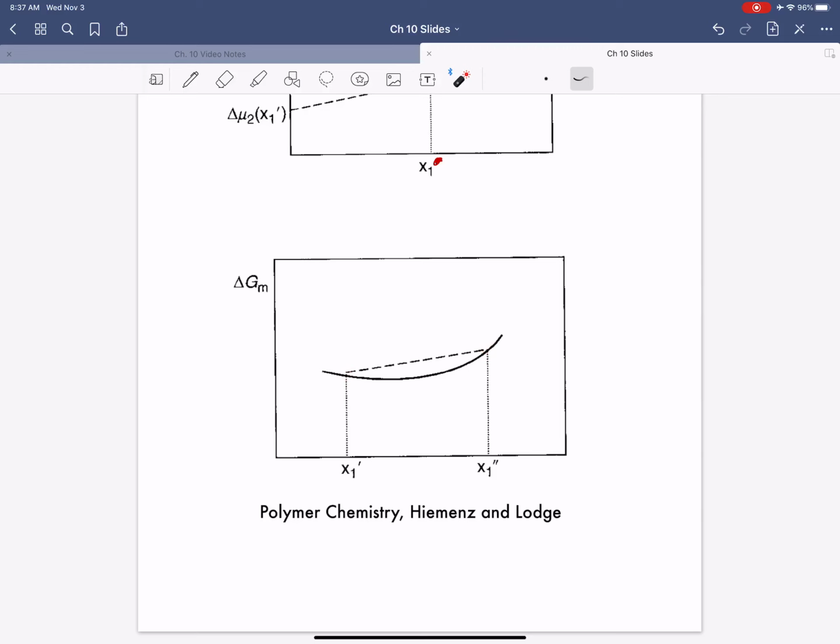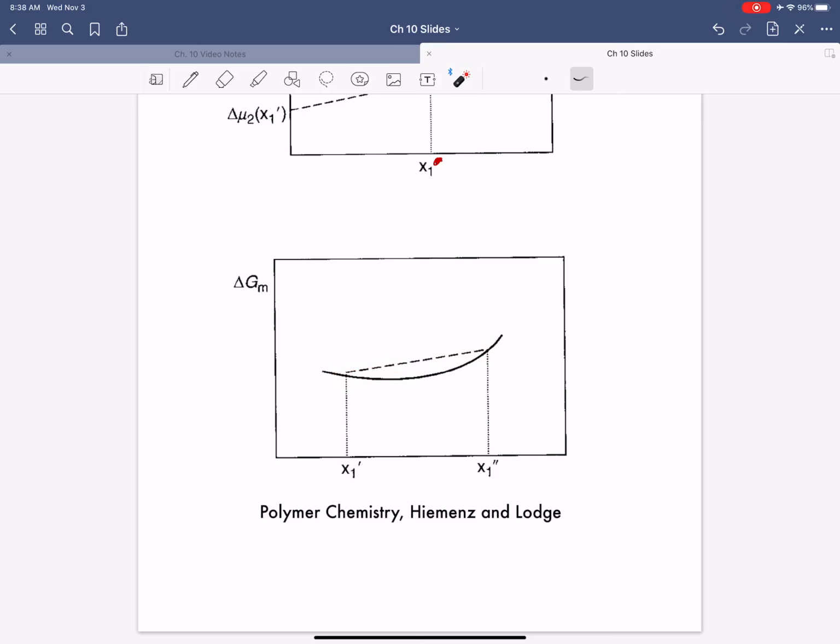As a result, if there's a delta G mix that's always lower than these two points, then the system is going to want to go to those lower delta G mixing values. It's not going to want to stay at an energy level that's higher than the minimum that it could reach.